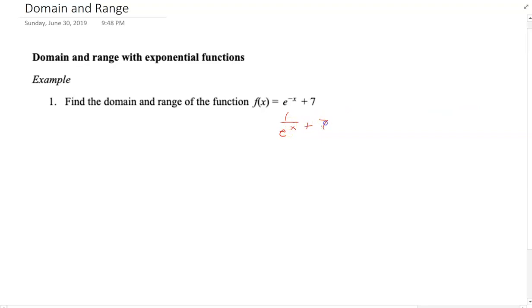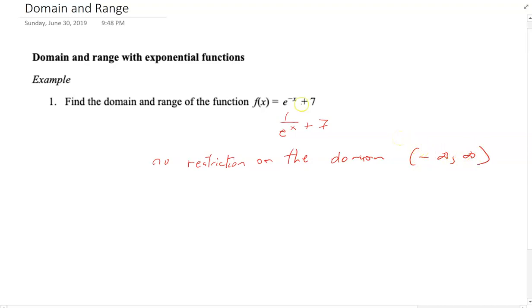So no restrictions on the domain means that your domain in interval notation will be negative infinity to positive infinity.